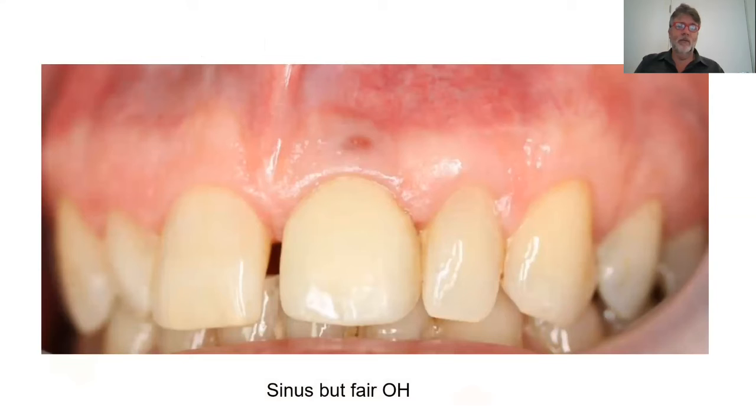Here is another example of a situation where the oral hygiene is good, and for some inexplicable reason, we have a sinus above the margin here. Now, why has that come? Well, most likely that has come either because there was some cement, if it was cement retained, or if it's screw retained, maybe the abutment's loose or the crown's loose.